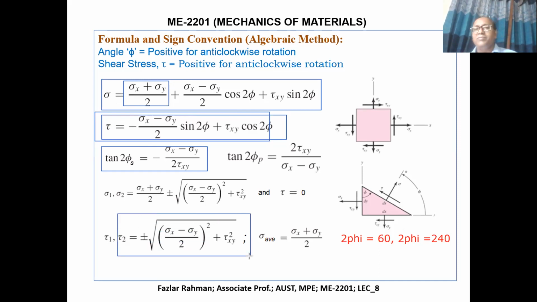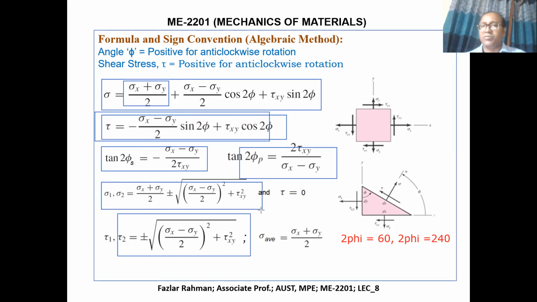If it is not coming the same, you are making a mistake. Similarly, when you use this one, you get sigma 1, sigma 2. Then you can cross-check with this one, sigma 1 and sigma 2. If it is not the same, you made a mistake somewhere. Similarly, tau will be 0. If it is not coming 0, that means you made a mistake.